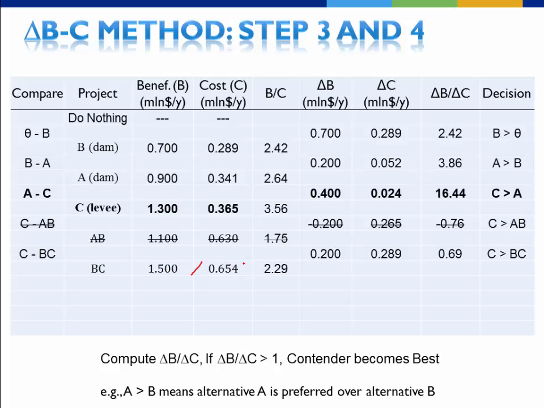You divide these two, it is this third column. If this is greater than 1, then again, this is economically feasible. Then the increment in cost is subtracting this minus this, which is 0.2, and this minus this, which is the increment in cost. When you obtain the ratio, you obtain 0.69, which again is less than 1. So still C is preferred over BC.